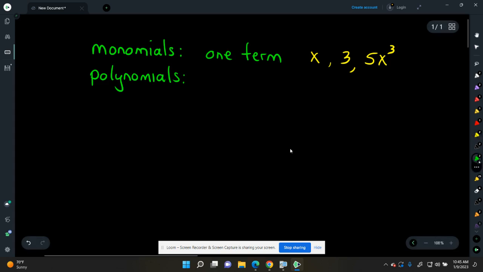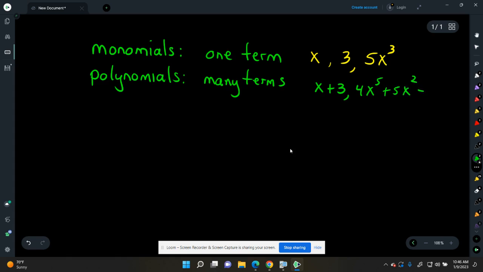Yeah, more than one or many terms. So a polynomial is going to be something like x plus 3 or 4x to the fifth plus 5x squared minus 7. That's a polynomial.